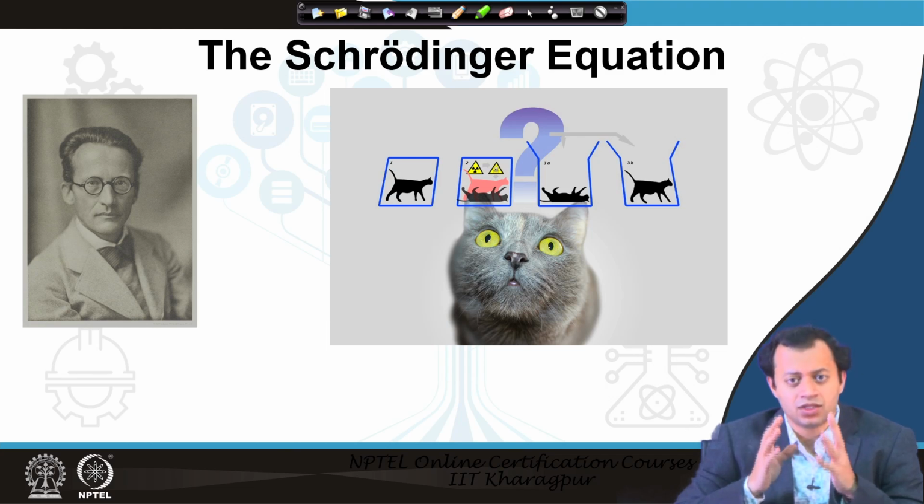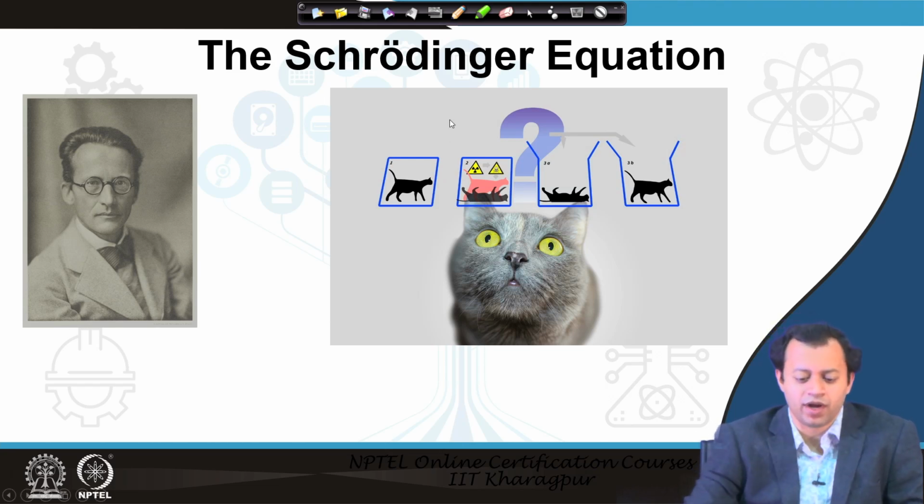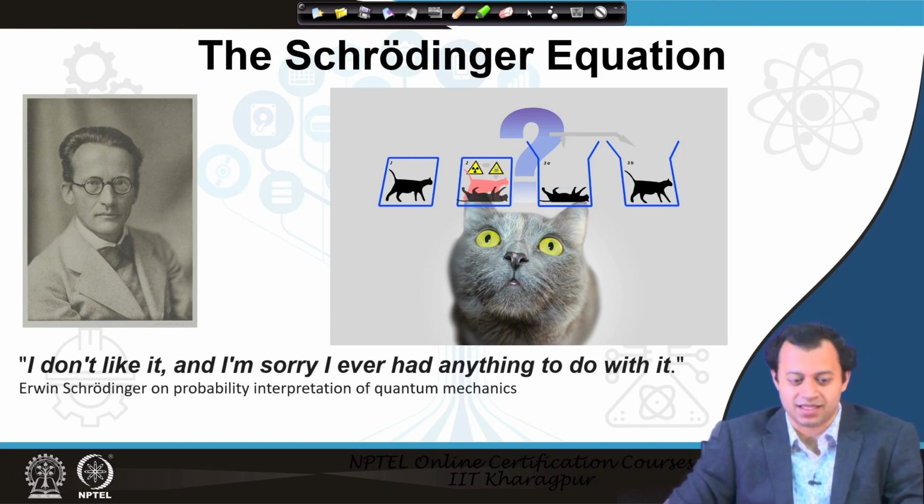And there is obviously uncertainty associated with it. There is obviously something counterintuitive associated with it. For example, this concept of something both dead and alive, both on and off, we are utilizing it in quantum computers these days. But when Erwin Schrödinger was asked what he himself thinks about quantum mechanics, this was his answer. I don't like it, and I am sorry I ever had anything to do with it.